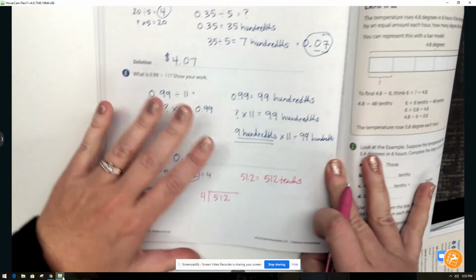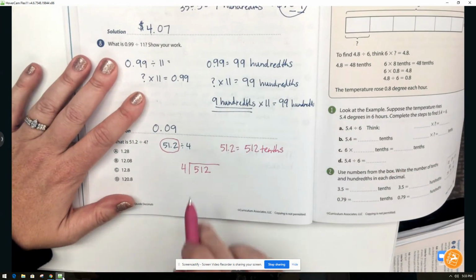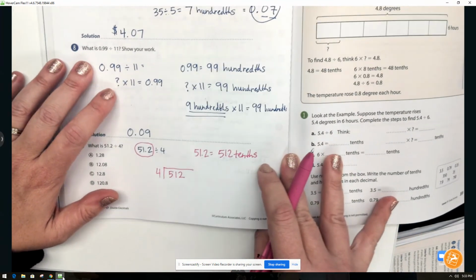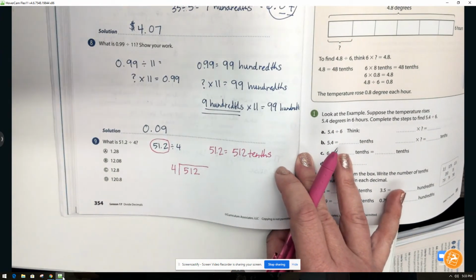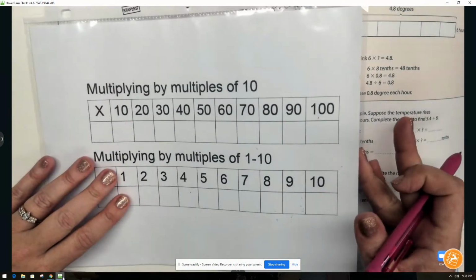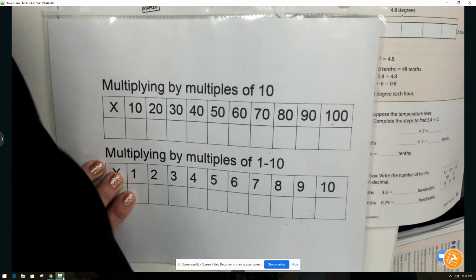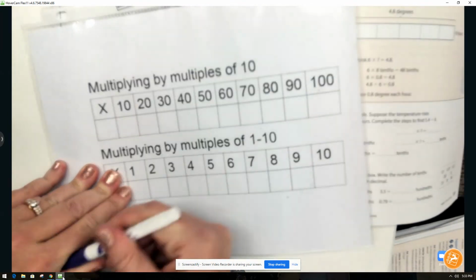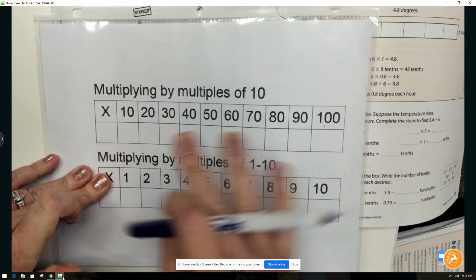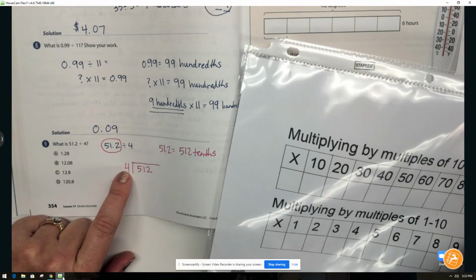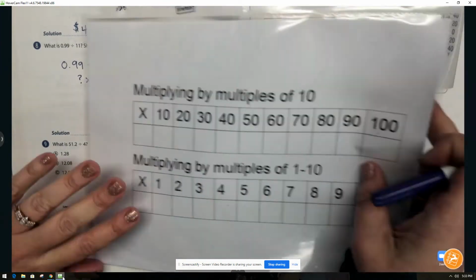So we're going to find out how many groups of 4 can go into 512. I know it's been forever since you've seen one of these, but let's see if we can figure this out. Remember, the first step in the partial quotient method is to figure out how many groups of 10 can 4 go into 512.